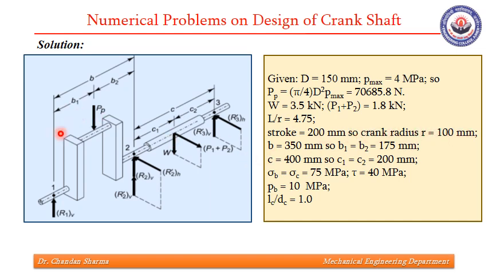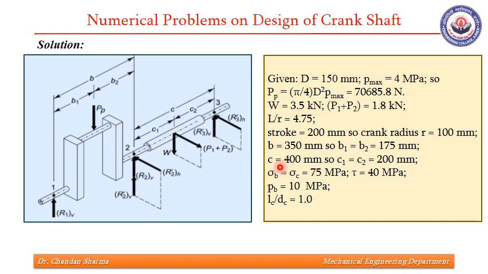Distance between two main bearings 1 and 2 is given to us as 350 mm, which is B. So we'll assume PP to act in between, so that B1 equals B2 equals B by 2.